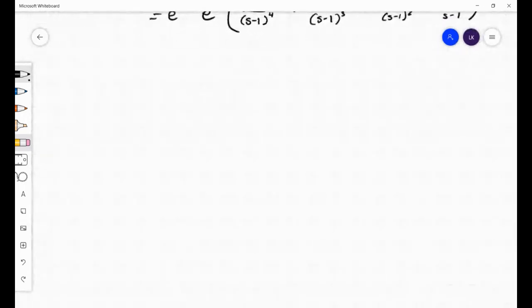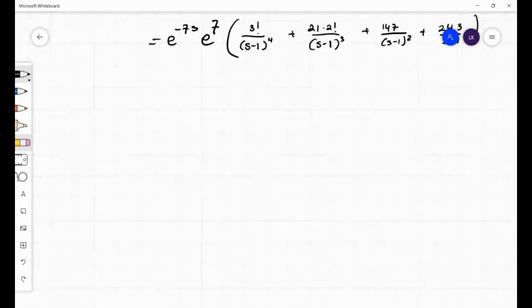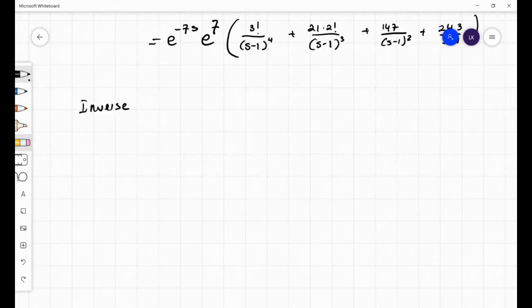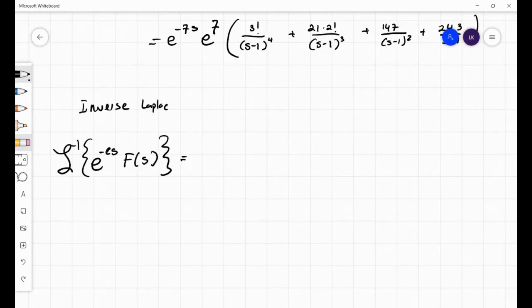So the next thing we want to do is practice finding inverse Laplace transforms. This is usually something that looks like some exponential, like e to the minus cs, times some function of s. And you want to find the inverse Laplace. Well, my claim is that it's going to be the step function.